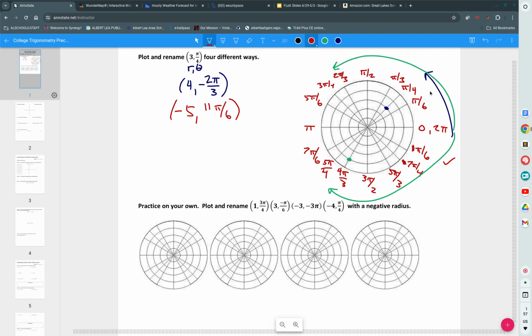If the radius is negative, that means instead of traveling in the direction of that angle, I travel in the opposite direction. So I turn to 11 pi over 6, and instead of going 5 units that direction, I go 1, 2, 3, 4, 5. I go 5 units in the opposite direction.